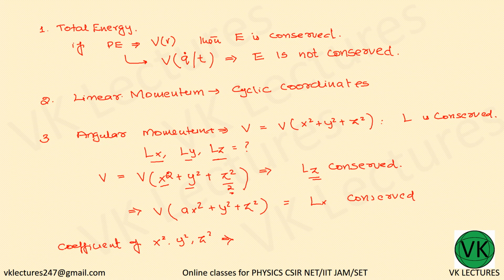In the case of V of a x square plus y square plus z square, x square has the different coefficient, thus Lx is conserved.